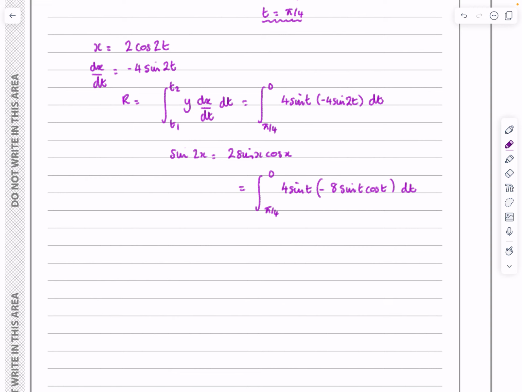Be aware of the fact that I'm going to get rid of that minus by flipping these limits, okay? If it's 0 to pi over 4 there, that's the same as pi over 4 and 0, and just flip the limits and get rid of the negative, and I've got 32, I've got sine squared t, I've got cos t dt.